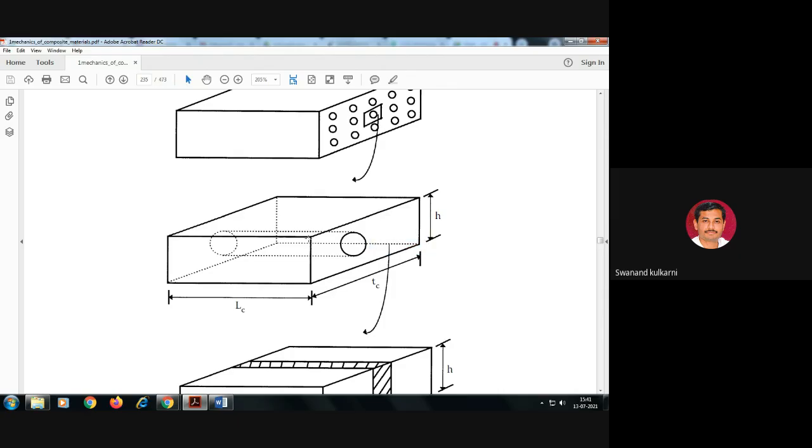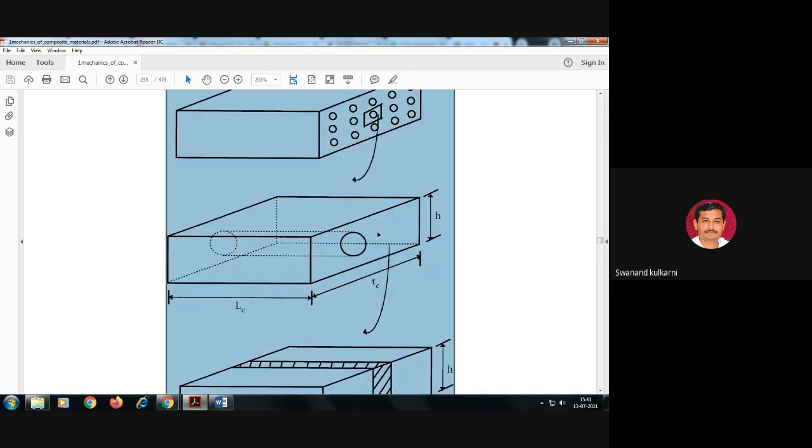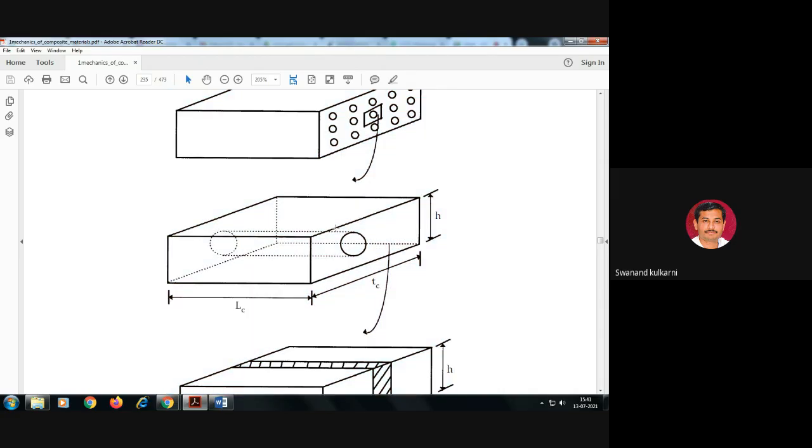Is it okay? So this is the total RVE, inside which this much part is the reinforcement and the remaining part is the matrix. For that, let us consider this as H, the height.